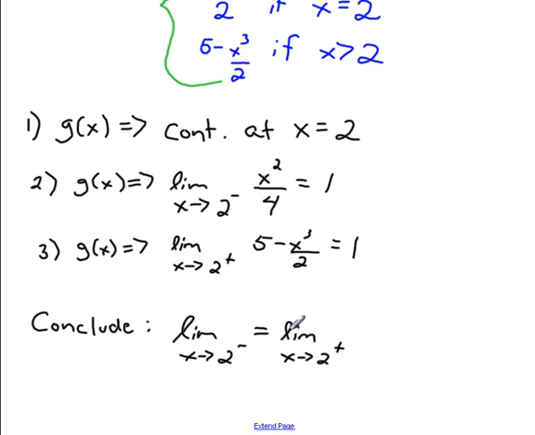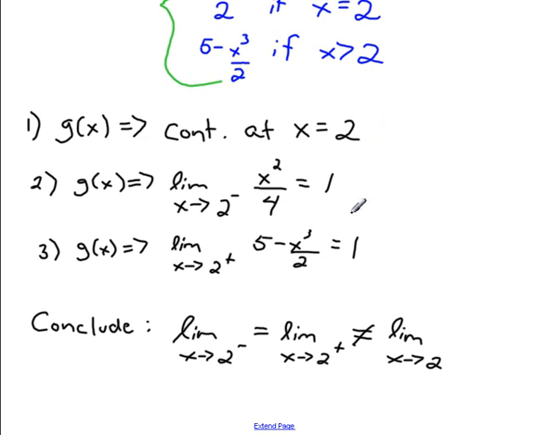However, these two are not equal to the limit as x approaches 2 at that point. Because if you look, this answer is 2, whereas these two are 1. Therefore, in order for a function to be continuous throughout, they must yield the same answer from the left, from the right, and at that point.